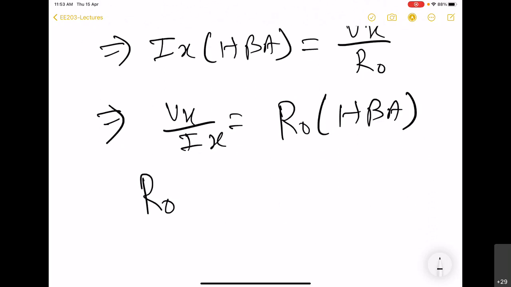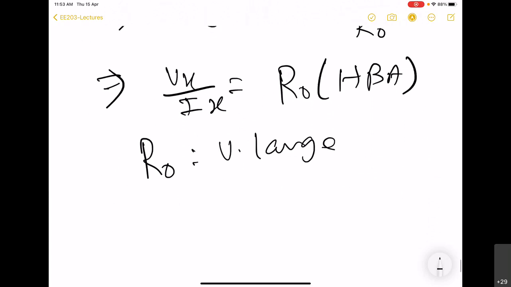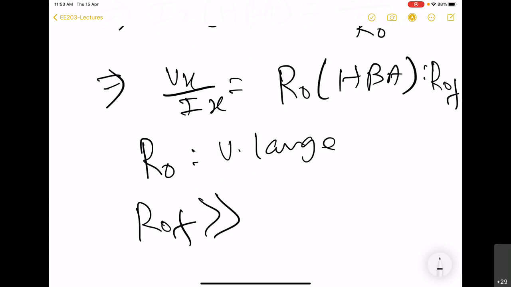So for practical current amplifier, we have seen that this is already quite large. So this new output impedance ROF is going to be much larger than RO. So this is again modification in the direction of the desirable value.